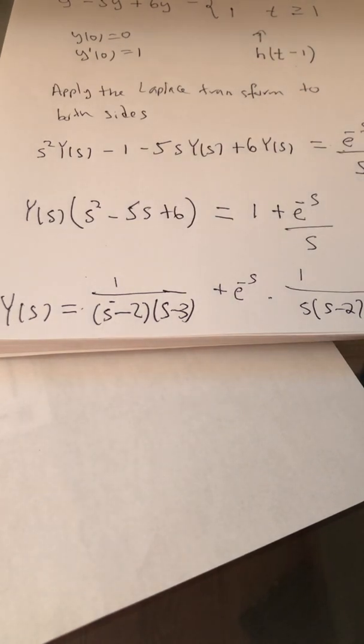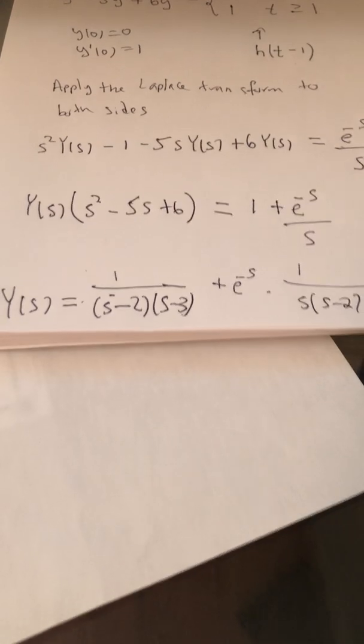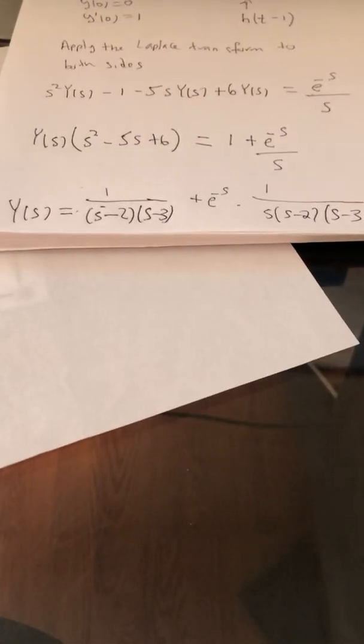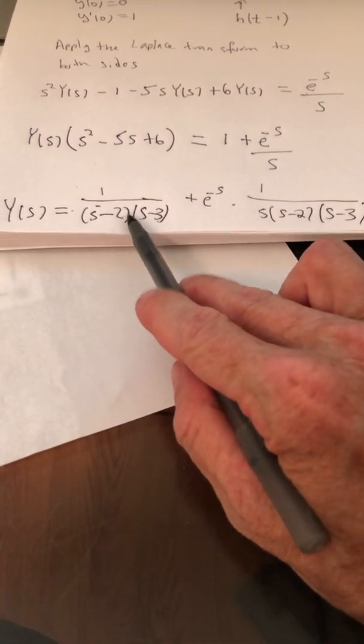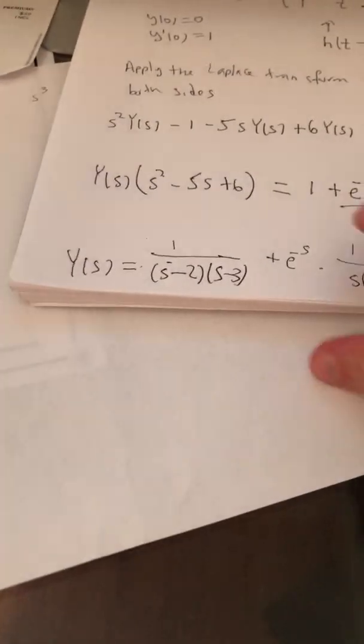We are almost done with the problem. We just have to invert. So we'll do this first term first. And the work that we do, it turns out that we're going to get to use that in the second term.